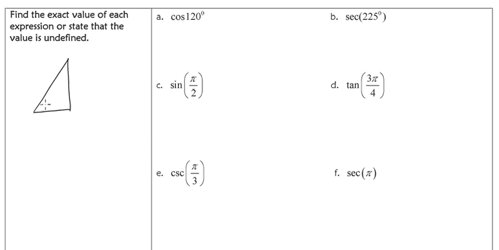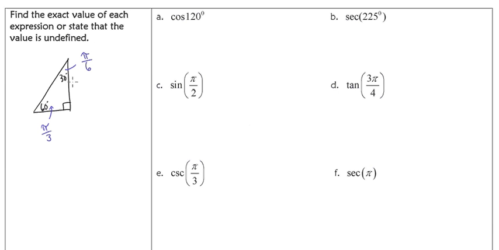And we have our 30, 60, 90 right triangle, or to keep it in terms of radians, it would be pi over 3, or 1/3 of pi, as your 60 degrees, pi over 6, or 1/6 of pi, for your 30 degrees.